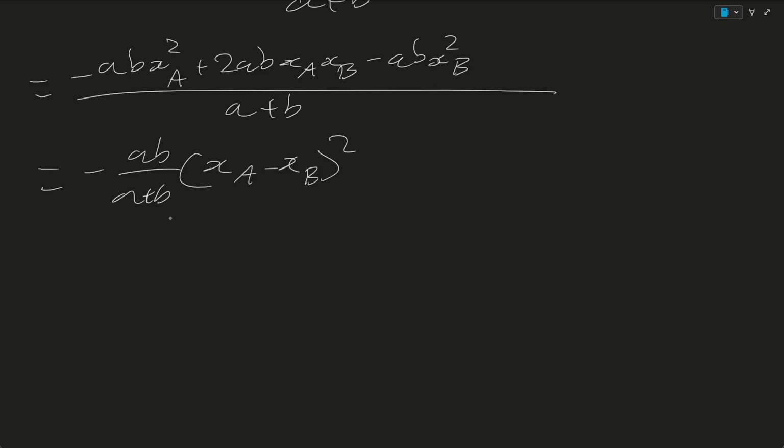yields pi over a plus b, I think. Yeah, so we get that integral from minus infinity to infinity. I'm going to write it again. Here I am writing it again.